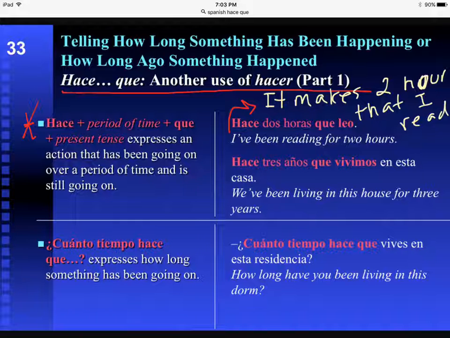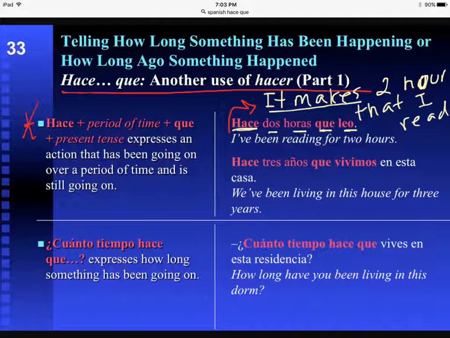Now, if you will do your awkward English sentence first, when you go to translate it into Spanish, it will be perfect, because it makes sense that you're saying it makes right here. So you would say, hace 2 horas que leo. It makes 2 hours that I read. Make sure you take this into your awkward English sentence first before you translate it into Spanish.